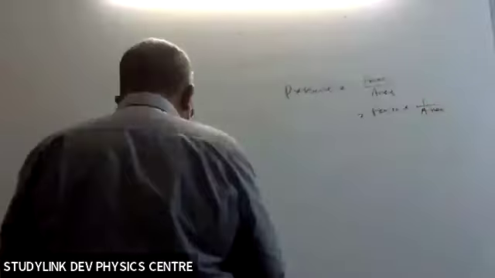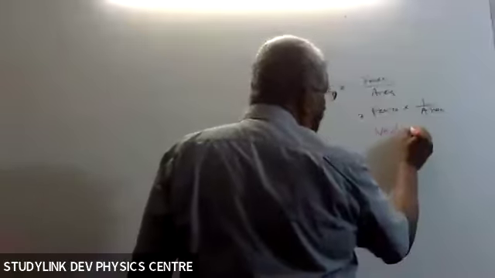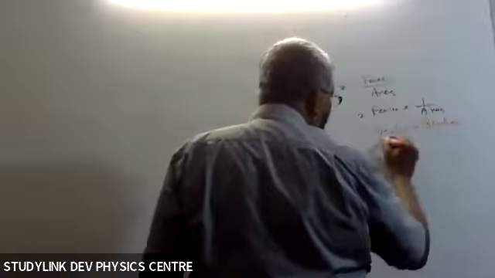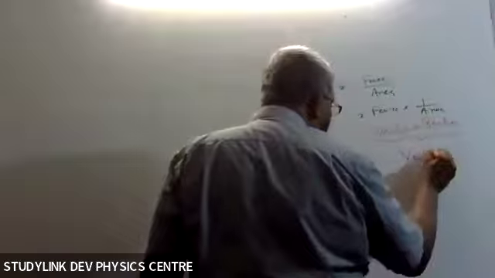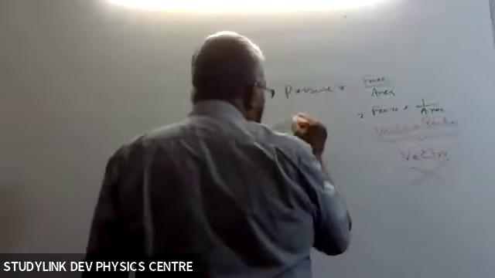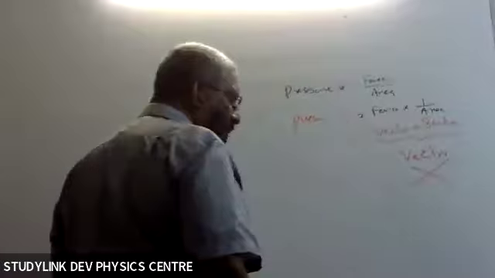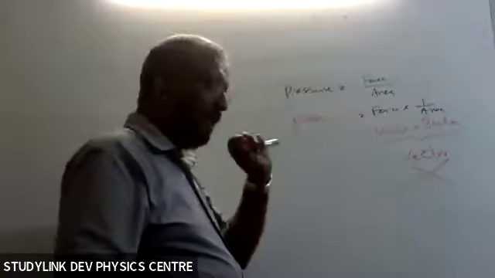Then according to this, force is a vector into area is a scalar. But according to that previous theory, this is a vector. But this is wrong. Pressure is not a vector. But according to theory, it comes like that.